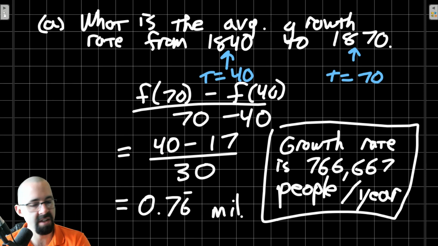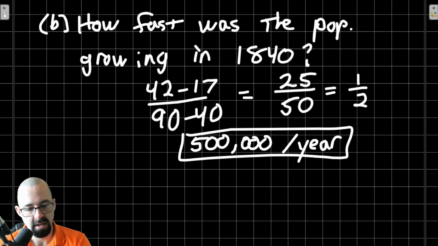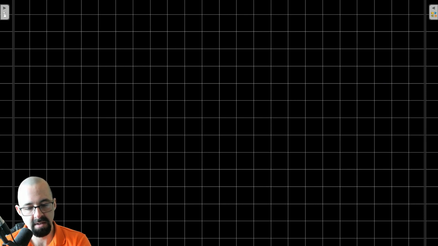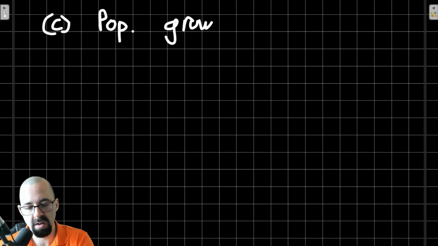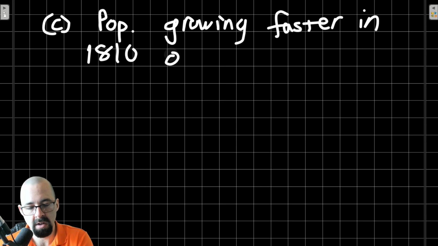All right, last question for this video. Going to be part C, which says, was the population growing faster in 1810 or 1880?